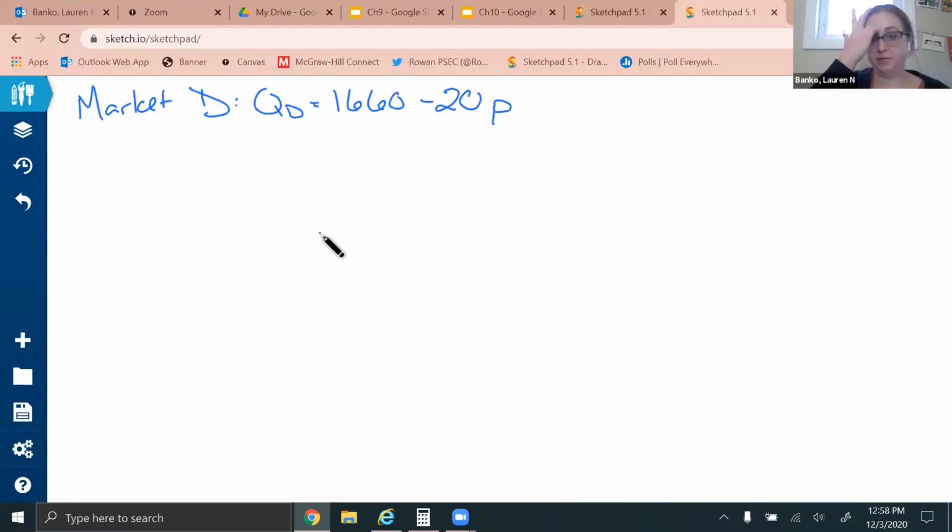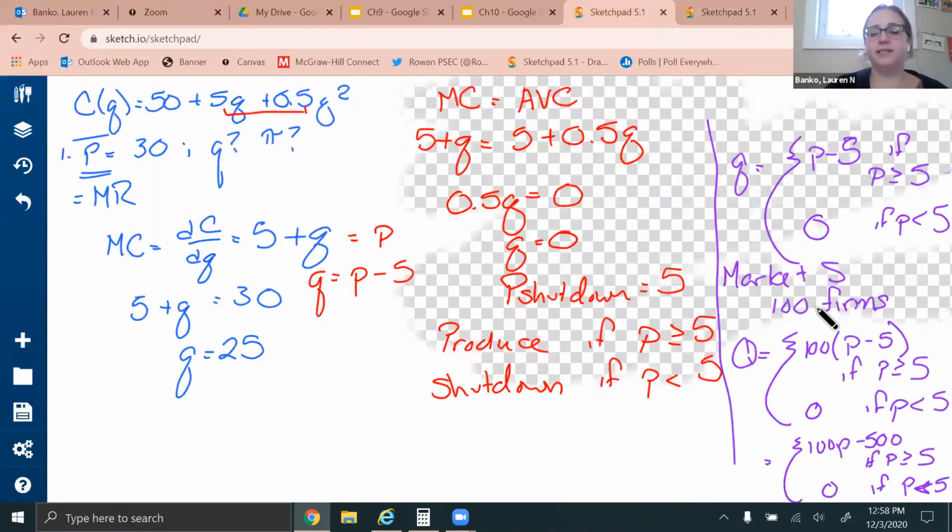So we want to think about this. Looks just like a supply and demand, like we did in chapter 1. Our supply is down here. It's disjointed depending on the price. But what we can do is still set the quantity, this is like QS, equal to QD over here to find that equilibrium.